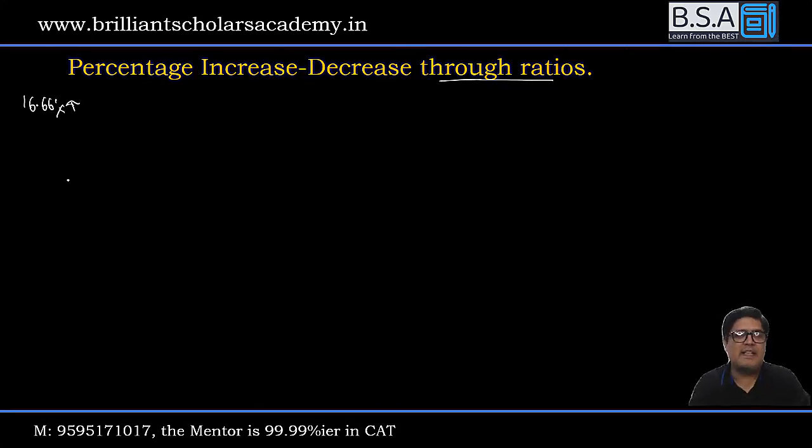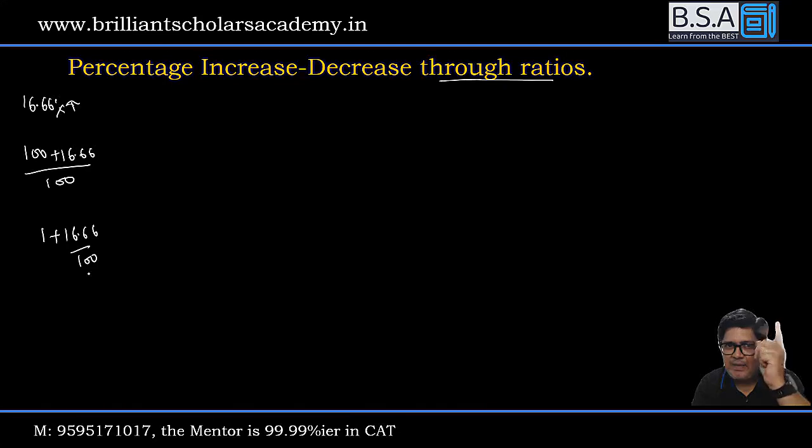Normal method says you write 100 plus 16.66 upon 100. I'm separating that. 1 plus 16.66 upon 100. Now, do you guys remember this value is 1 by 6? 1 plus 1 by 6. When I rearrange, that becomes 7 by 6. I'll come back to this.